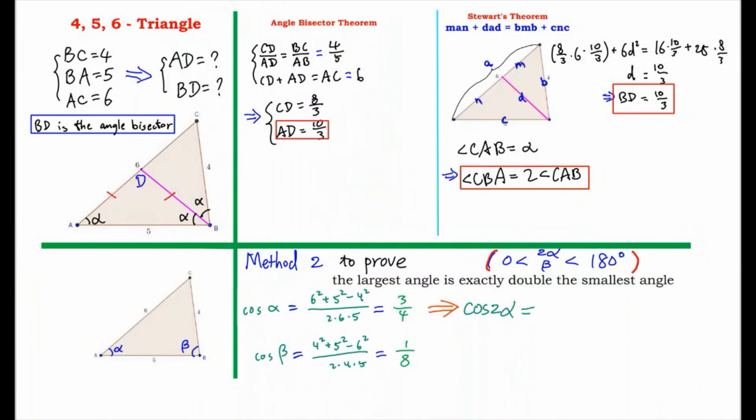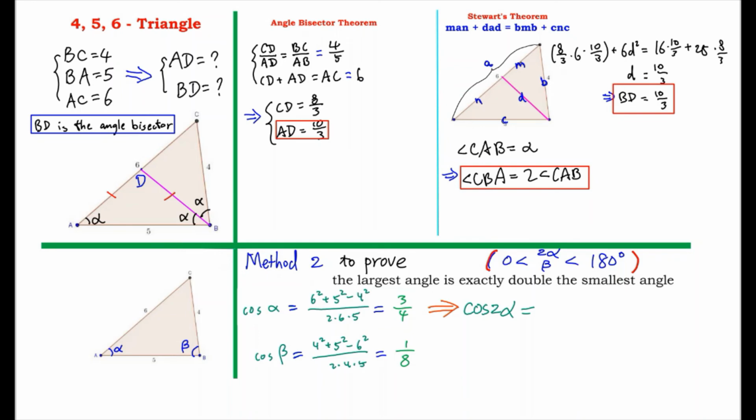The next method uses trigonometry instead. This is using the law of cosines. The cosine of alpha, which is angle CAB, is equal to 3/4, and the cosine of beta, which is angle CBA, is 1/8.